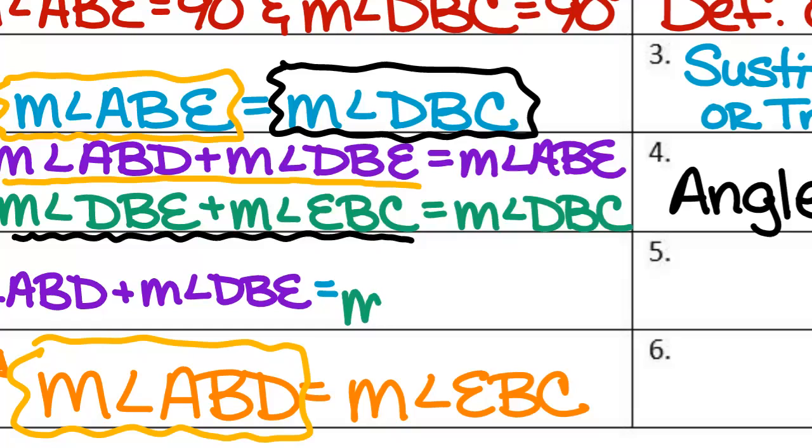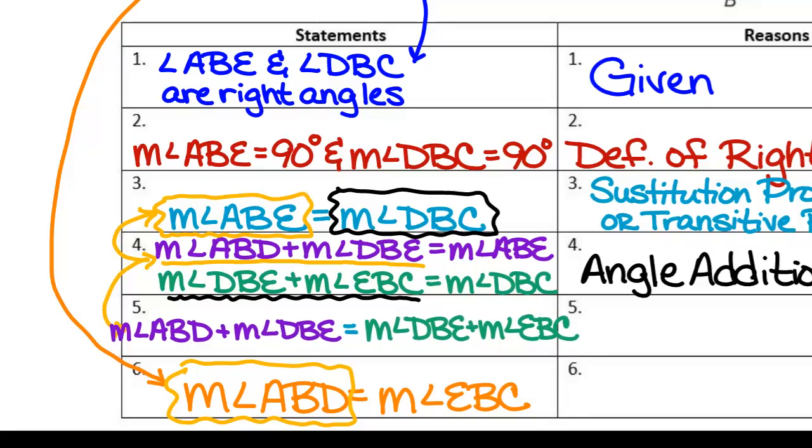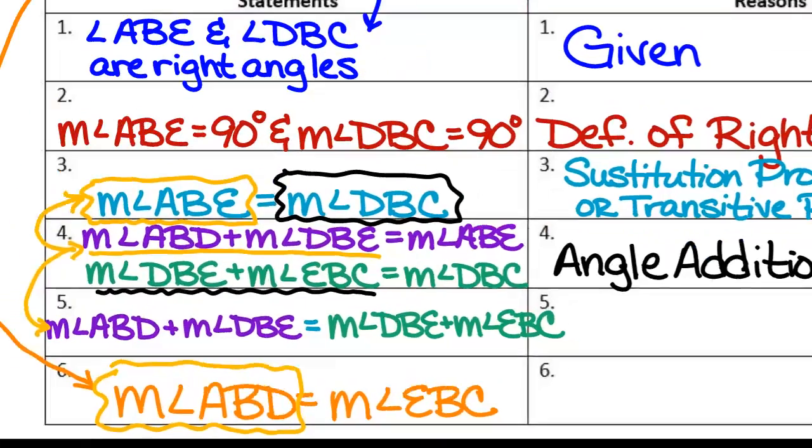So the measurement of angle DBE plus the measurement of angle EBC, and I'm running out of room writing this in here. Do the best I can. The very last one does say EBC, yes.